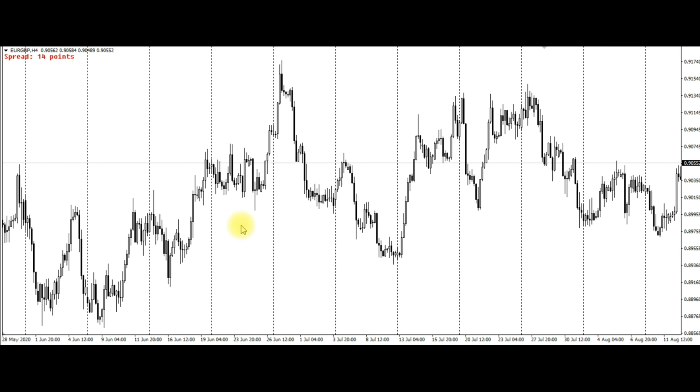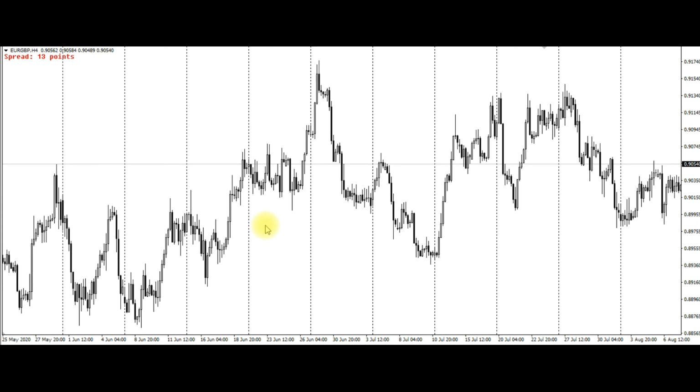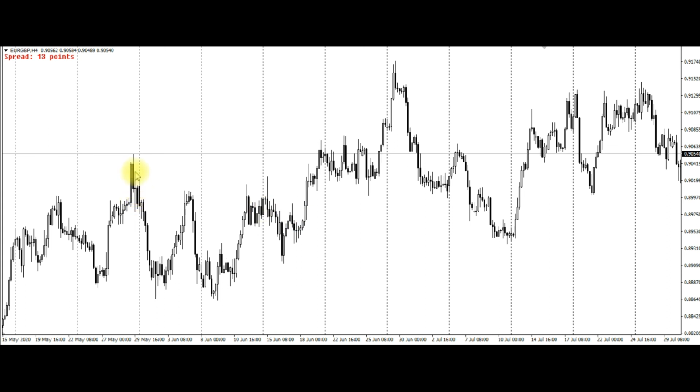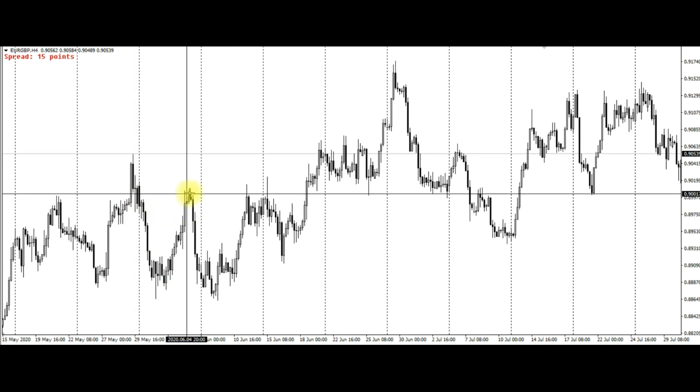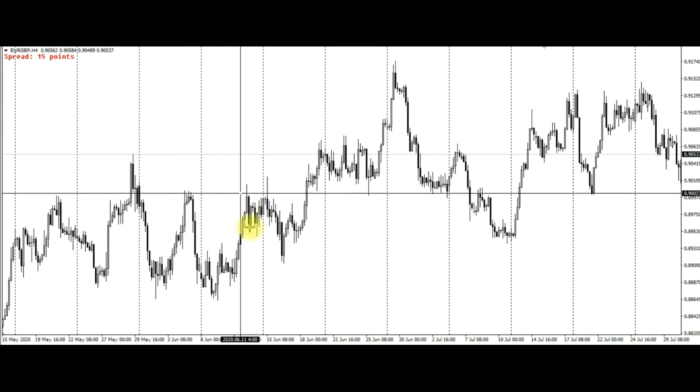Now we go to the proportion block. Let's concentrate on breakers and then the order block. Now we have a bearish order block over here. This bullish candle prior to this down movement, price got traded into it, and then there was a sell off. Another one here, a sell.